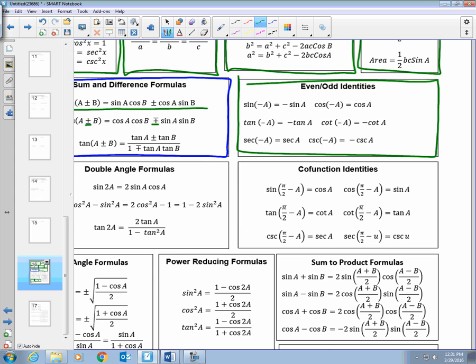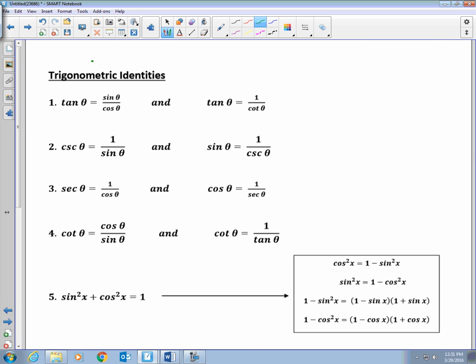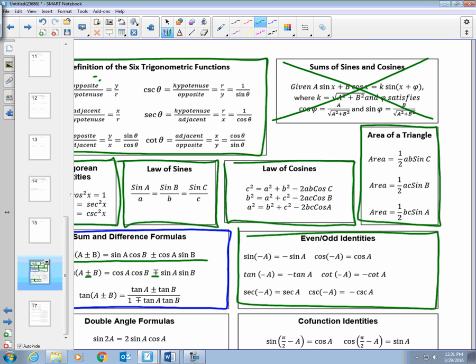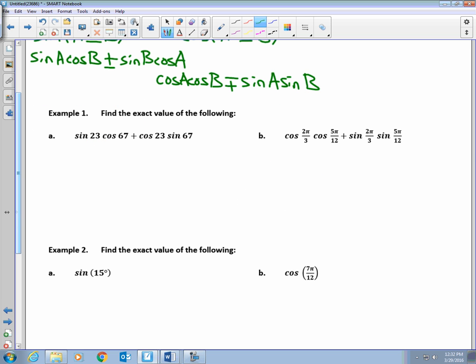All right, so let's try the example. It says, find the exact value of the following. And by exact, that means that you must use your knowledge of trigonometric formulas in order to find the exact value.